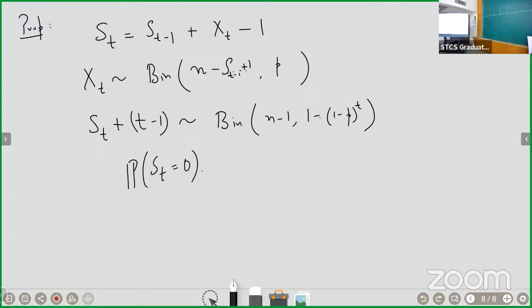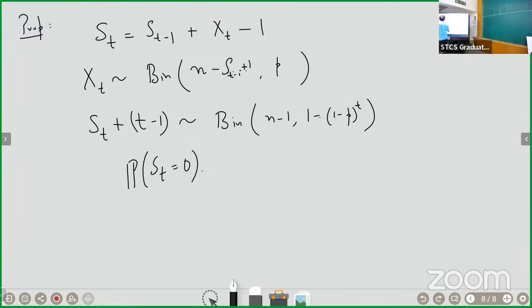Before that, you have to just equate this. S_t equal to 0 means that the binomial is hitting t minus 1. So that is also less than or equal to t minus 1.